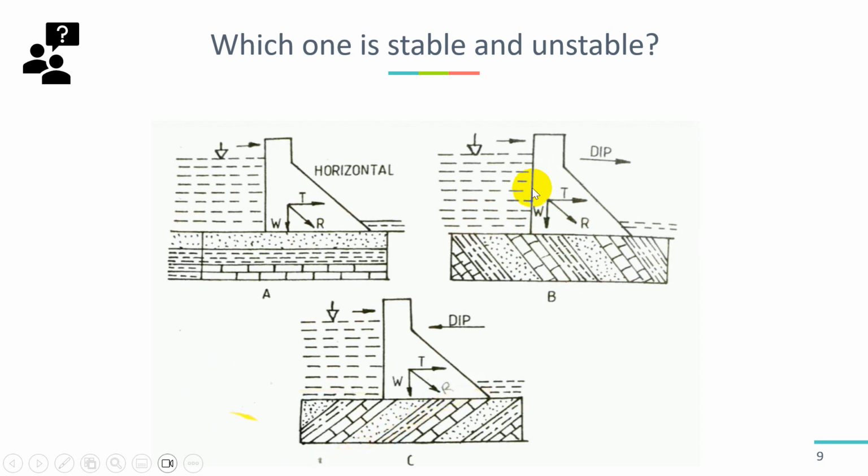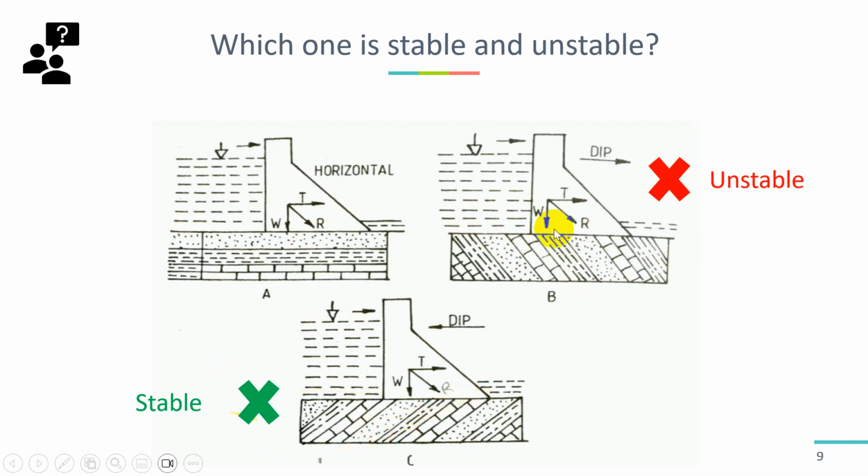When we build the dam, there are two forces. Number one is weight, this is the gravity force from the dam to the bottom, and thrust, this is the force from the water flow. So the resultant will be here, R. R is the resultant force, the total of the forces. And when the layer direction is the same as the resultant R, it will be the worst, an unstable condition.